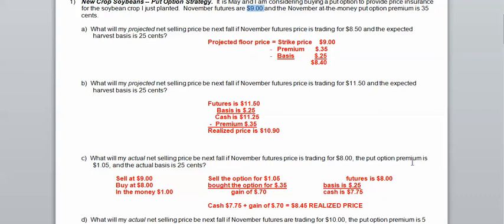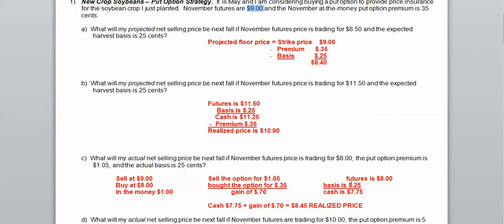So the put option premium is $1.05. Remember, I just said the intrinsic value or exercise value is $1. The option's trading at $1.05. So there's an extra 5 cents a bushel if we sell the option versus exercising it. The basis at this time is also 25 cents.